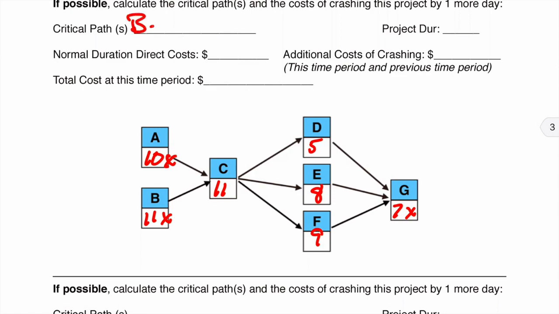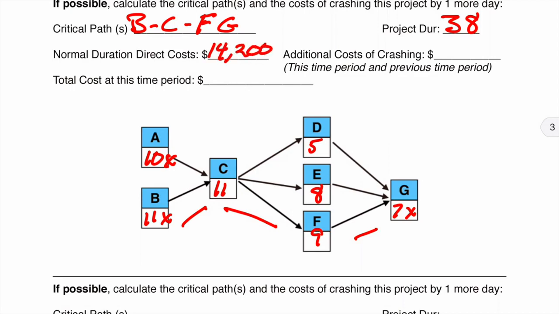And so I have B, C, F, G. Our project duration is now down to 38 days. If you do the math through here, I think you'll find that's correct. We have our normal costs and our additional costs of crashing.